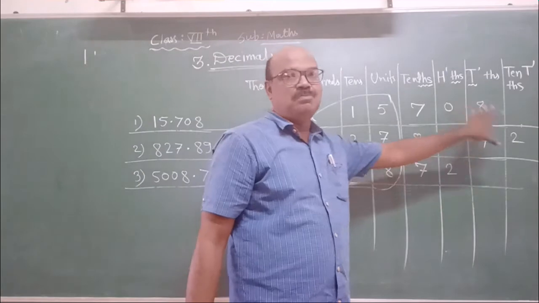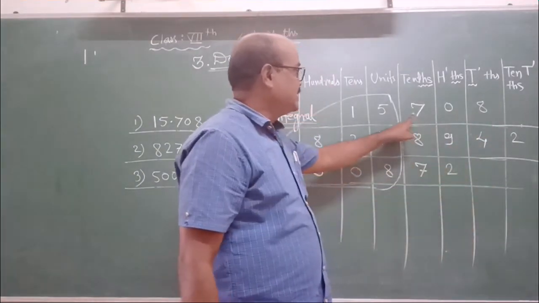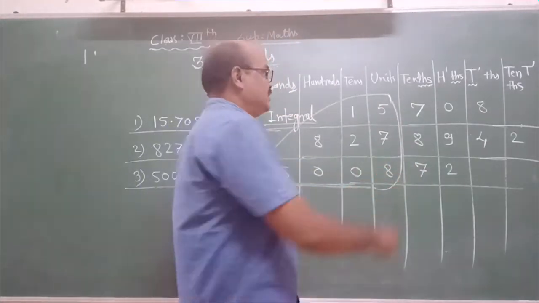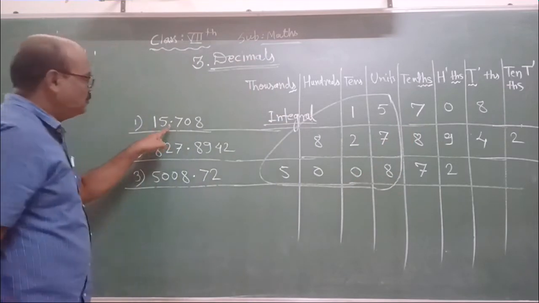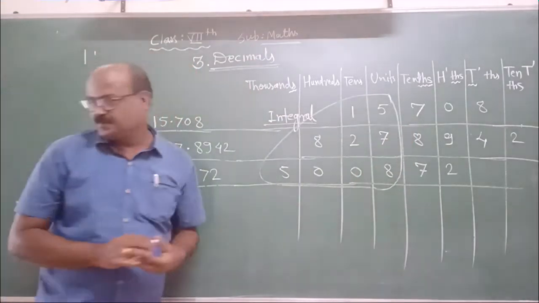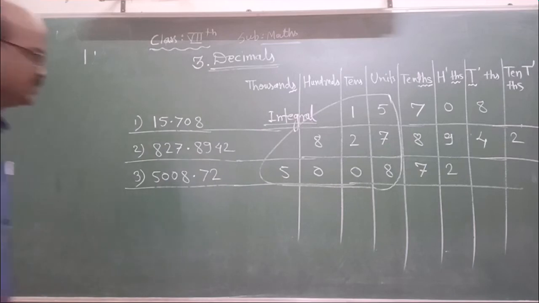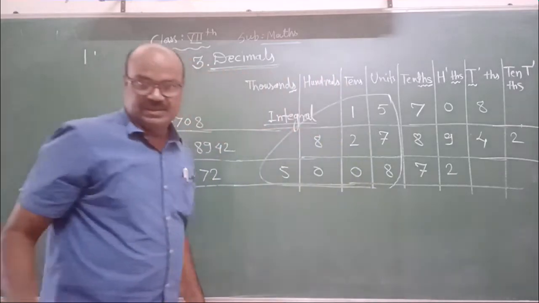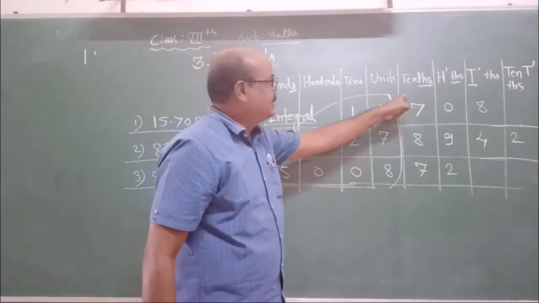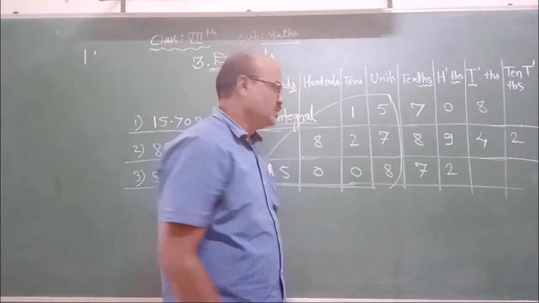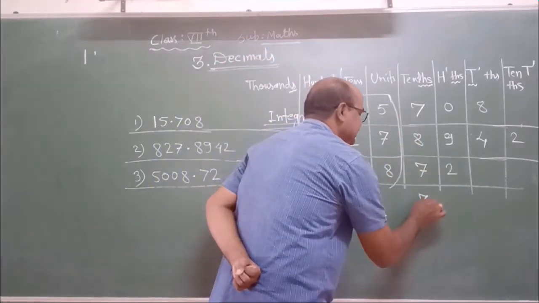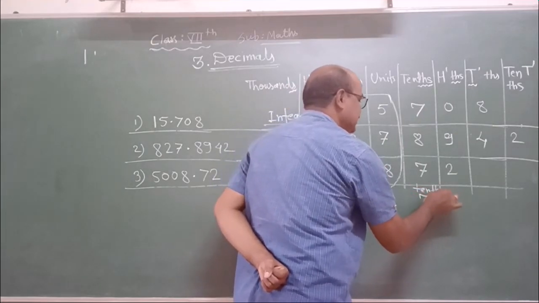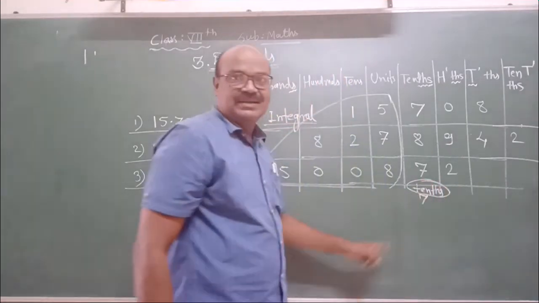And after the decimal point, regarding the tenths place, you know that if I am writing 0.7, suppose, these tenths digit only. So here it is 7 at tenths place.